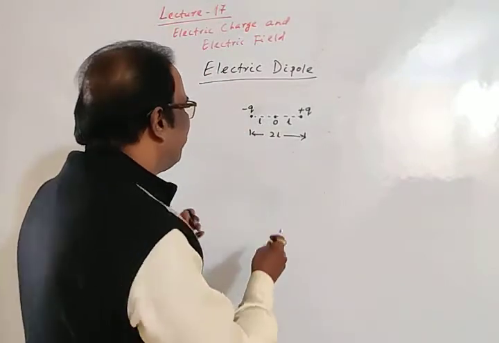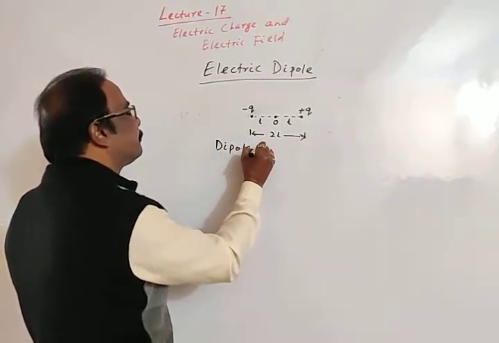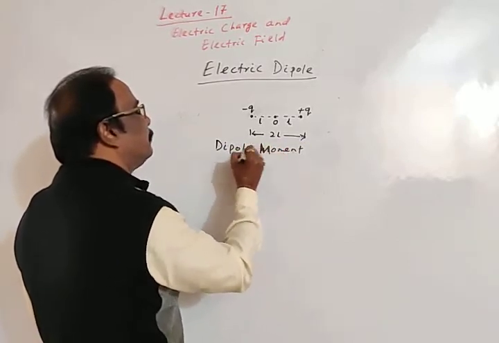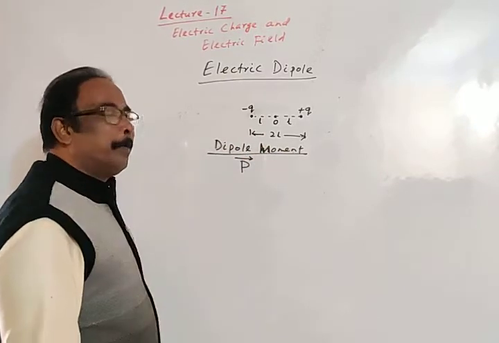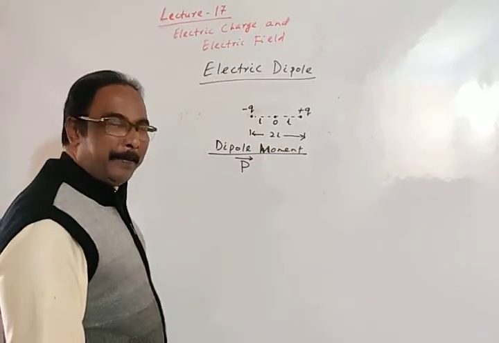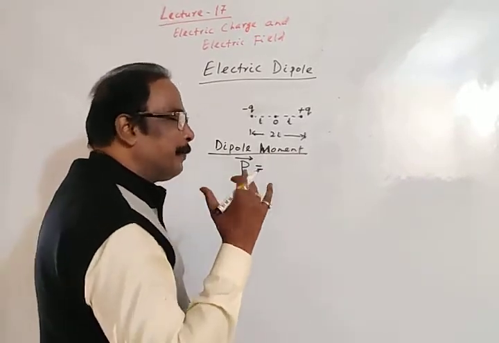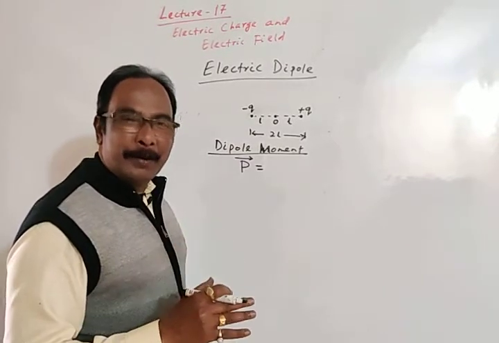Then, about the electric dipole moment. The electric dipole moment is represented by P. It is a vector quantity, so we need to know its magnitude and direction.